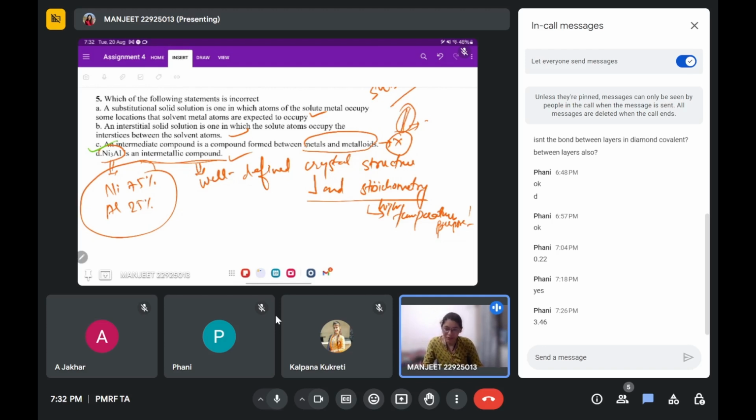Intermetallics have a well-defined crystal structure and also a well-defined stoichiometric coefficient, because in this example, Ni3Al, we also see the ordered one and the disordered one. In the disordered one they have the 75%, and in the ordered one they have specific sites where they are sitting. So this is your intermetallic compound one.